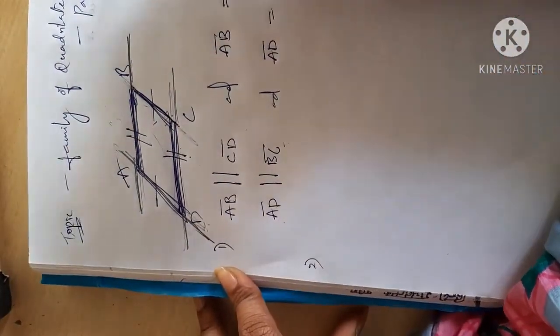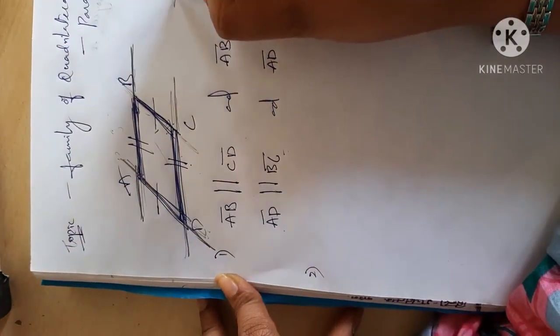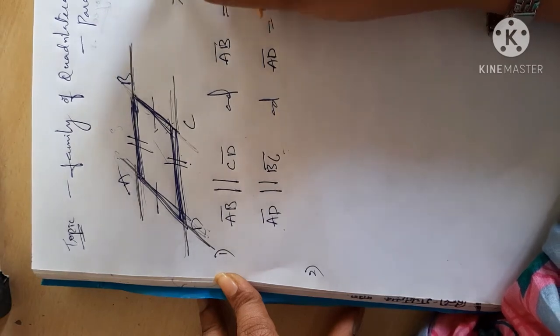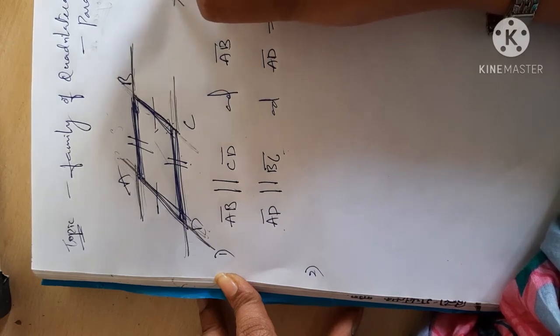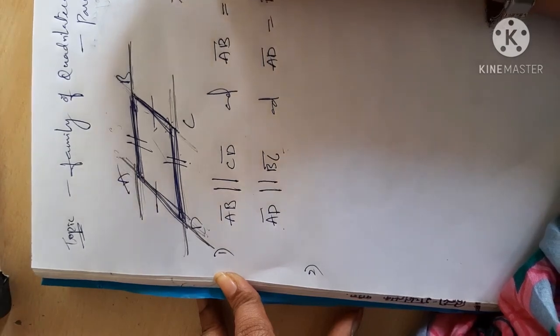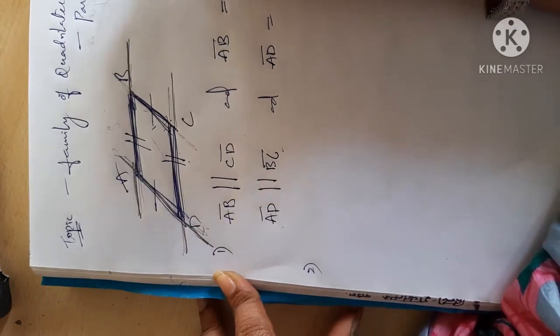When I was explaining trapezium, if I extend these two, they become parallel and it is a transversal. The interior angles on one side of a transversal are supplementary. These two are supplementary, meaning the sum of these two is 180.